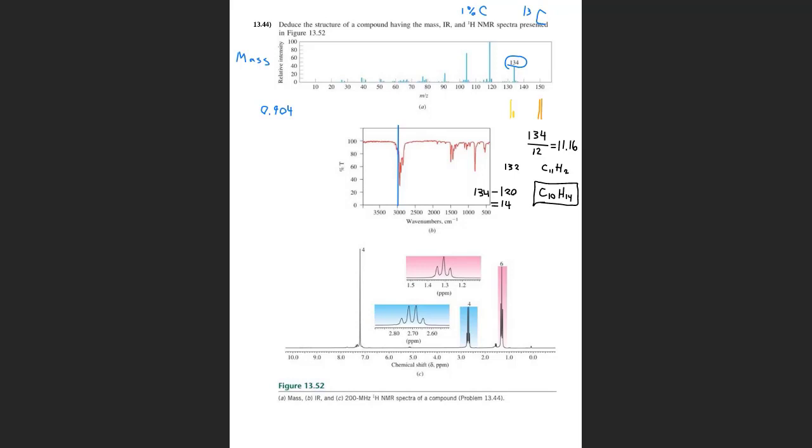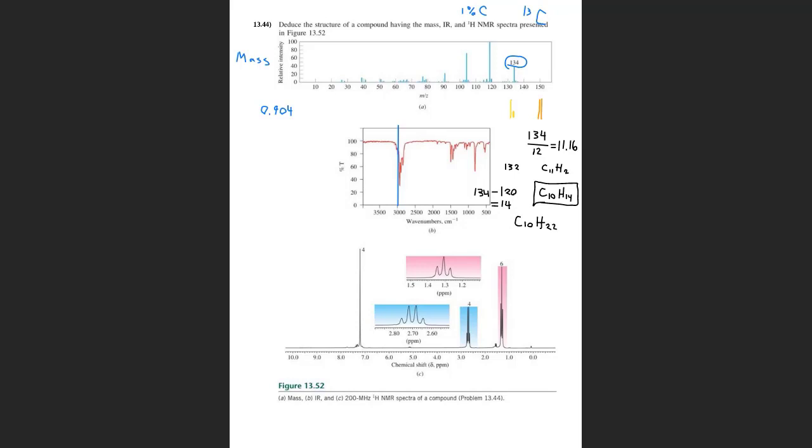Okay, so from there I have to figure out the number of degrees of unsaturation. For that I can ask myself, a normal 10-carbon hydrocarbon, if it was saturated, would have how many hydrogens? 22. CnH2n+2, so that'd be 22.